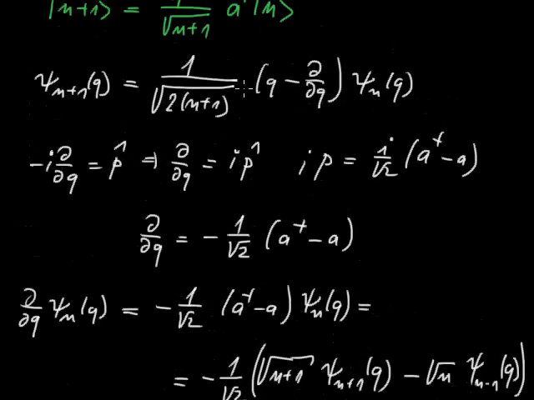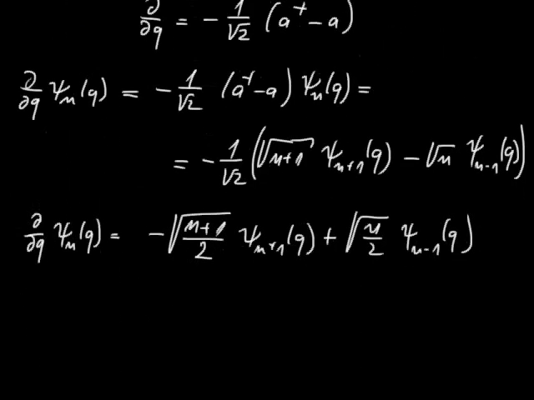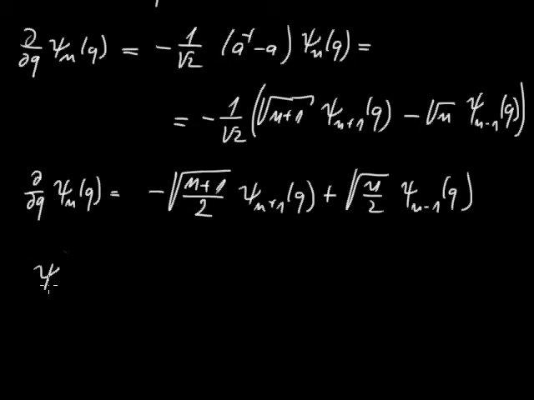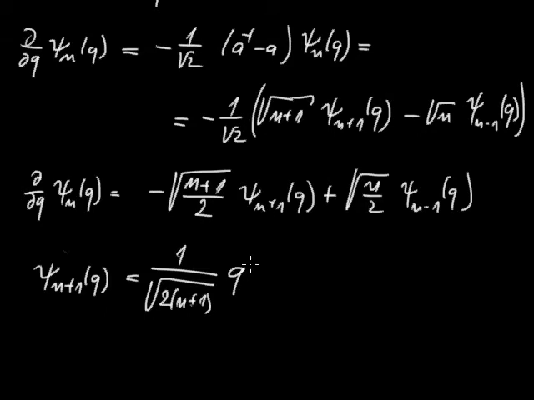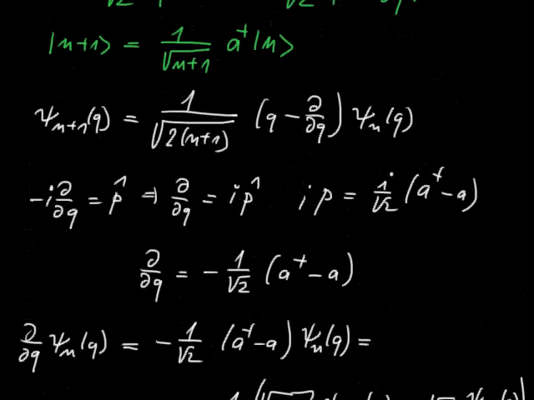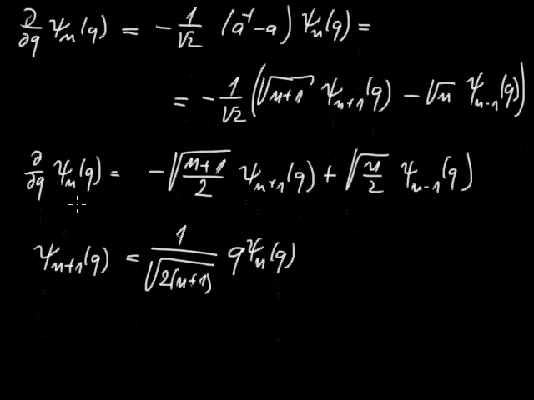So if I put it back into this expression here, I will get that psi n plus 1 of q is equal to, now it's going to be a little bit messy, there is a square root of twice the (n plus 1), q psi n of q, that's from this q here, and now we will be adding what we've learned about the derivative according to q.